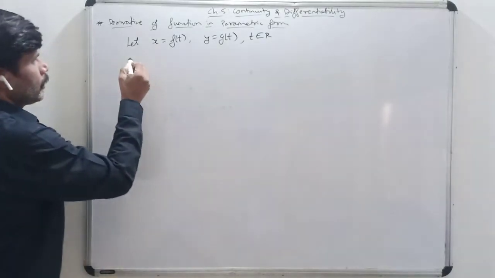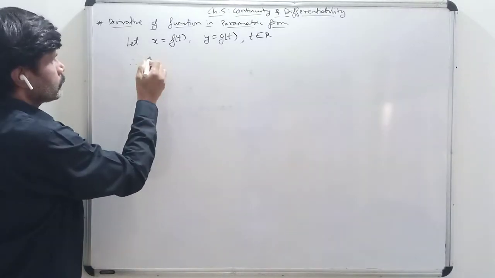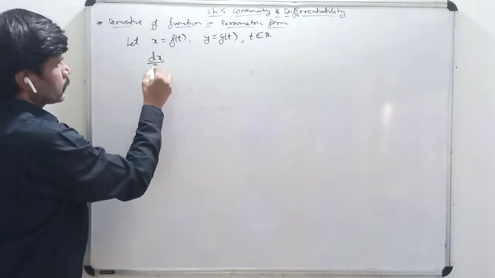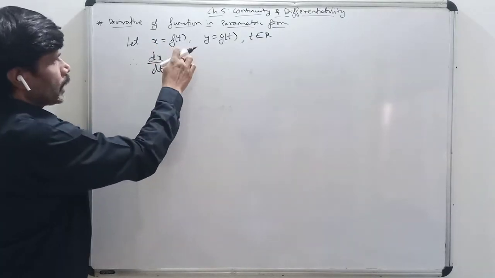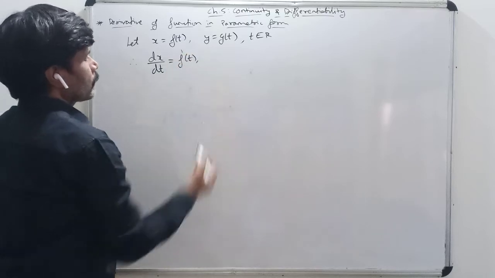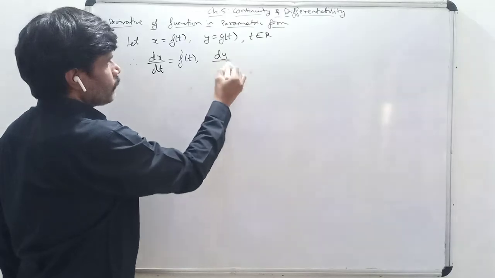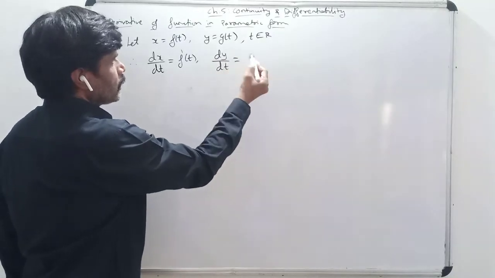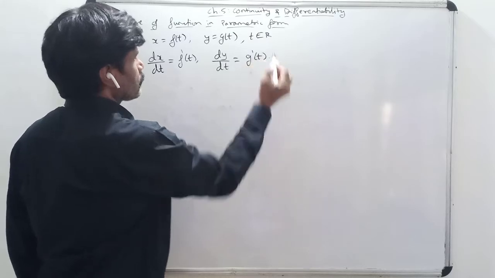Then what is the method? First you find the derivative of x with respect to t. So dx by dt is equal to the derivative of f of t, which will be f dash t. Then you find the derivative of y with respect to t. So dy by dt is equal to the derivative of g of t, that will be g dash t.